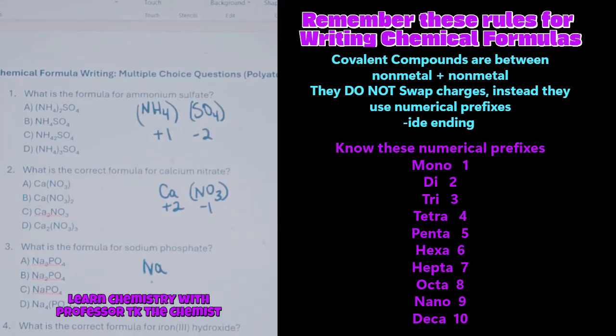Sodium has a +1 charge. Phosphate is PO4 with a -3 charge. Now, I gave you the hint. You just need to figure out what the answers are. If you know the deal, do the swapping. So put your answers in the box.